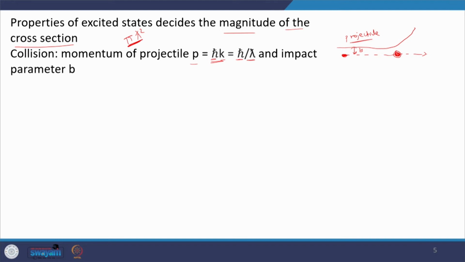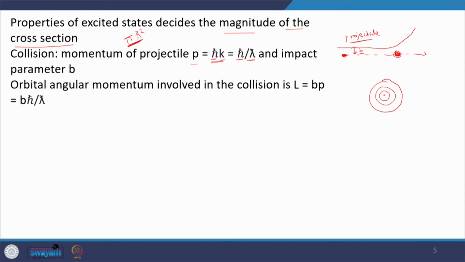You might have understood the concept of impact parameter when the Rutherford alpha scattering experiment was taught to you. In this particular case, I can assume the shadow of the nucleus seen by the incident projectile as regions, okay, whose area represents the cross section.